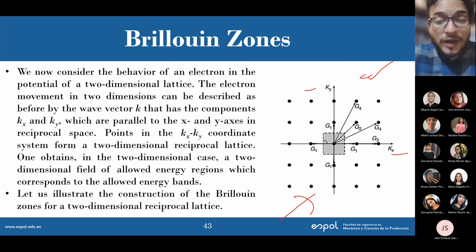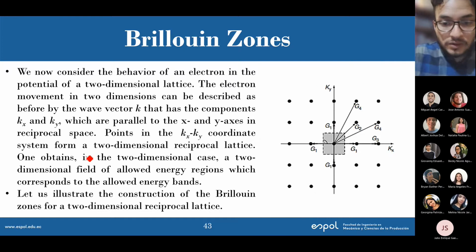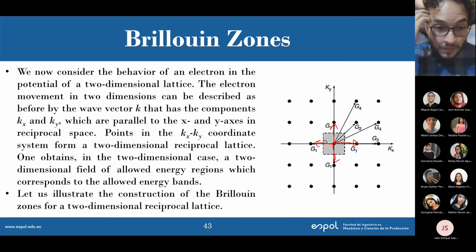And if you see there, those are actually these four, right? And you see there as G1. Let me erase all this. And now there, and there, right? Those are the four closest vectors to the origin, right?